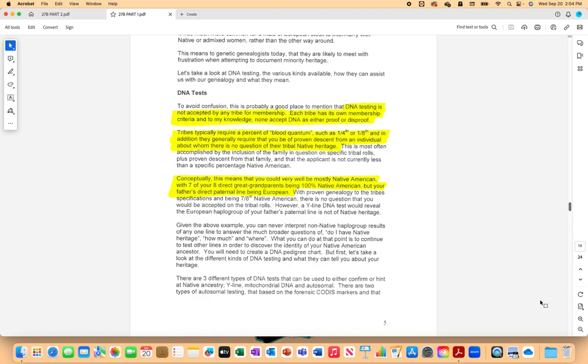Tribes typically require a percent of blood quantum, such as 1/4 or 1/8. And in addition, they generally require that you be of proven descent from an individual about whom there is no question of their tribal native heritage. Tribes typically require a percent of blood quantum, such as 1/4 or 1/8 of a particular type of blood.